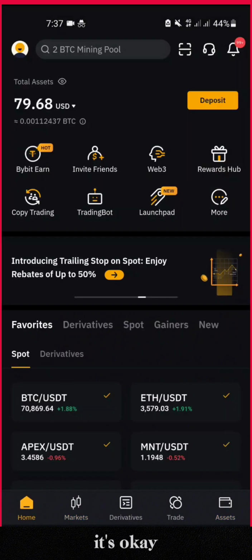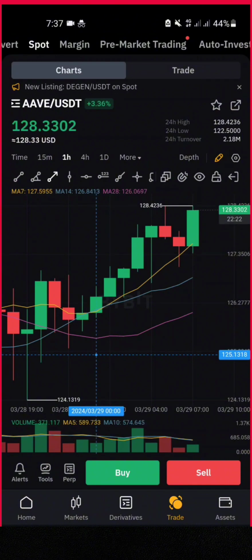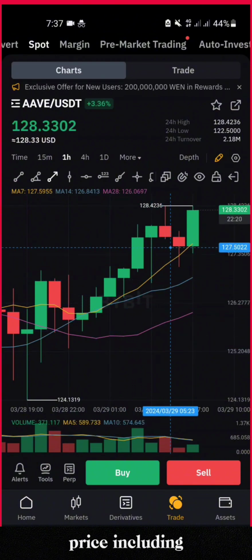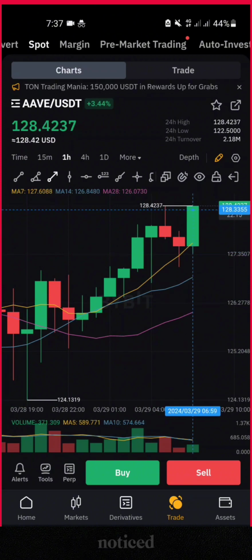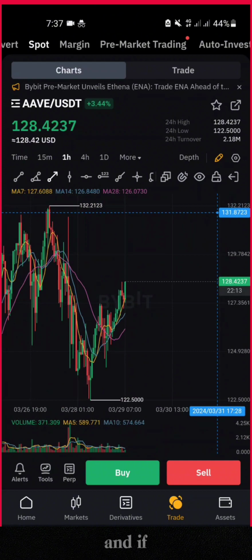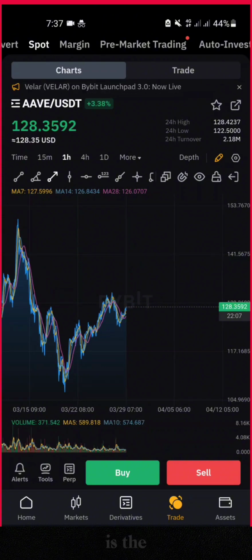Okay, the price is increasing, still increasing, this is the highest position here. If I zoom out, this is the whole 1 hour chart.